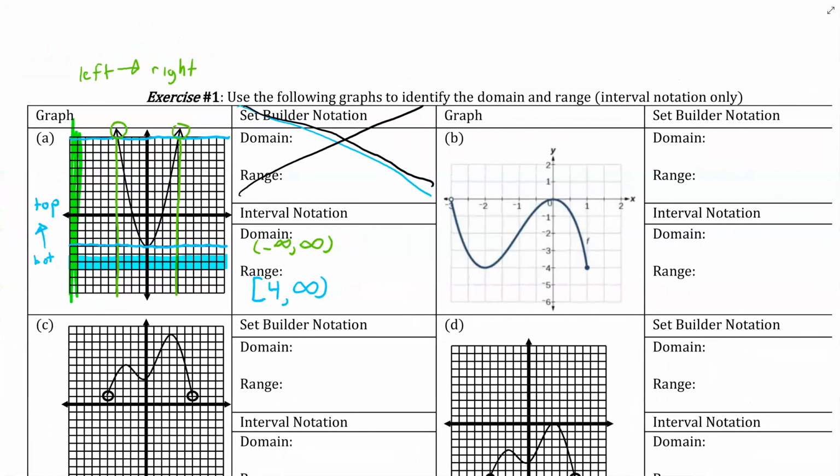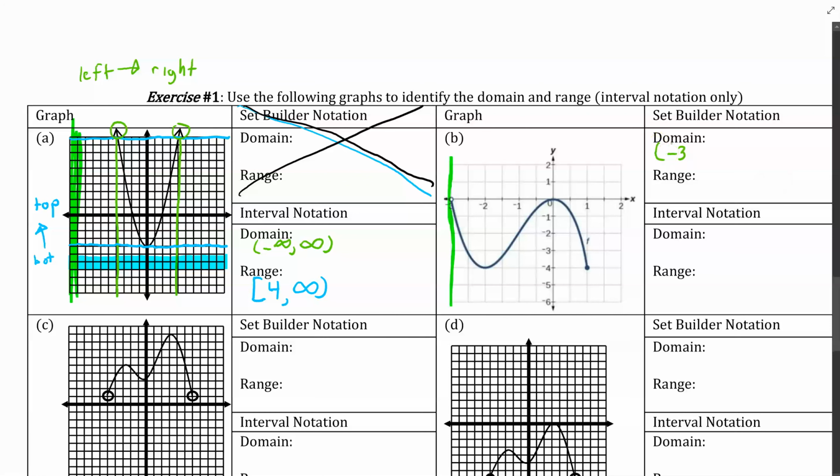Sweeping our pencil left to right for domain, we see that the first point that the graph is going to hit is going to be at -3. But in this case, because there is an open circle at -3, we use a parenthesis.